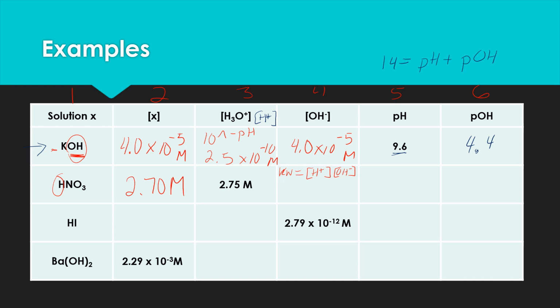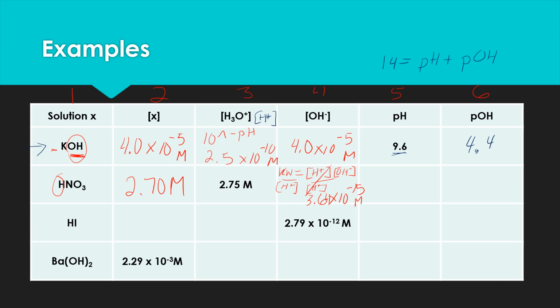So if we do 1 times 10 to the negative 14th and then divide it by our concentration of hydrogen on both sides, so Kw over our concentration of hydrogen will get our hydroxide. 1 times 10 to the negative 14th divided by 2.75 gives us 3.6 times 10 to the negative 15. Actually, we'd have one more decimal, so 3.64 times 10 to the negative 15. Again, molarity.